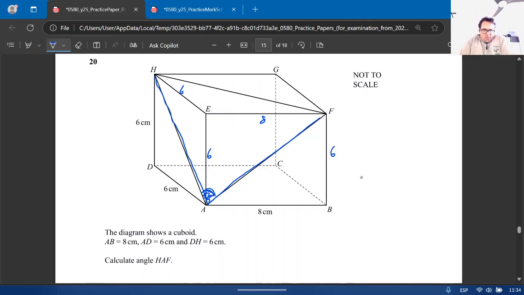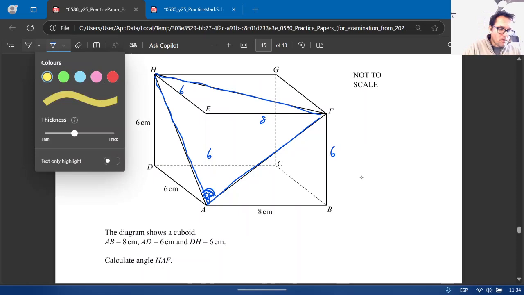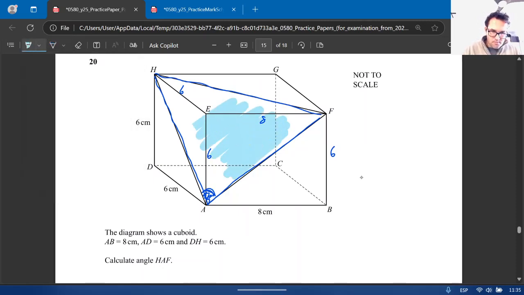Now, what do we have? Start with what we do have. That forms part of this triangle. So I'm going to highlight in blue. You see that? It's like you're slicing off the corner of a cuboid.